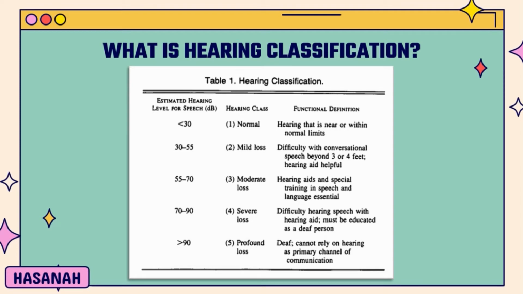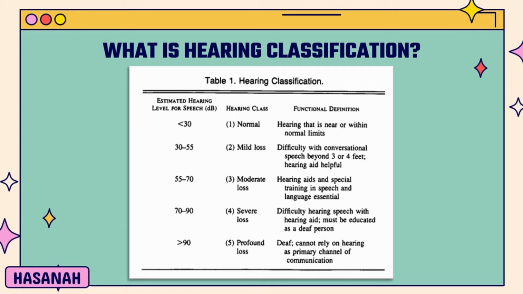Next, the third hearing category is moderate loss, which is between 55 and 70 decibels. In this category, hearing aids and special training in speech and language are essential. After that, the fourth category is severe loss, where the level is 70 to 90 decibels.